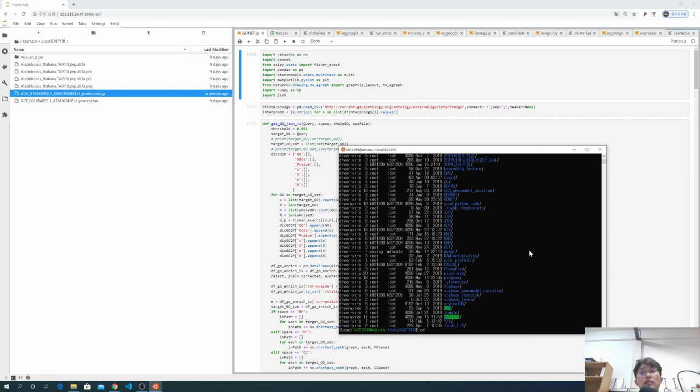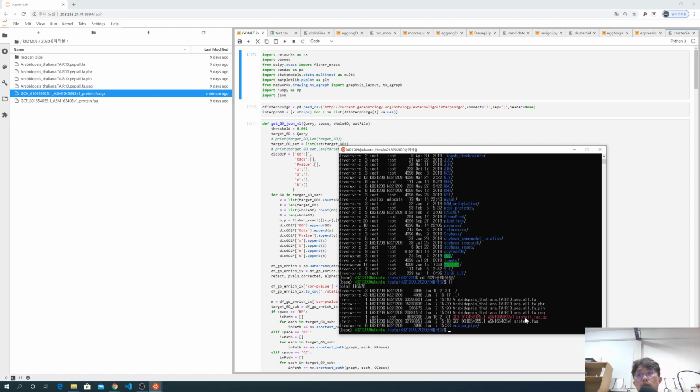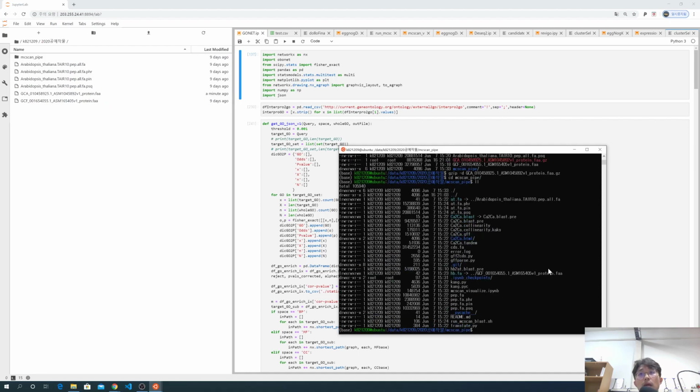Okay, so this is the protein sequence, right? So minus d in MCScan. What I had done before was that.